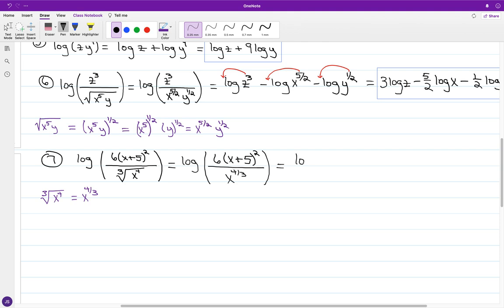If I look at those first, we're going to have a couple of positive base 10 logarithmic terms. So I have that of 6, plus the base 10 logarithm of x plus 5 raised to the 2nd. Then I'm going to have minus the base 10 logarithm of x to the 4/3.